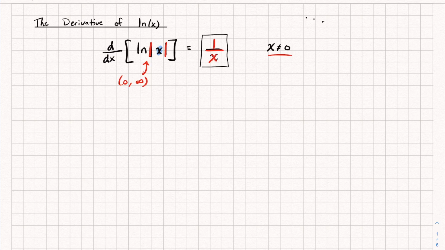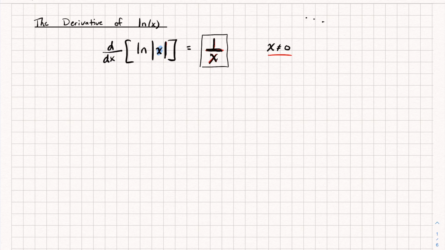So that way, if x is negative, it doesn't matter because the absolute value will make it positive, meaning that we can actually take the logarithm of it. Then it means that its derivative would be 1 over x. And so that's why, in the initial definition, you'll always see the absolute value listed. And then its derivative again is 1 over x for x not equal to 0.